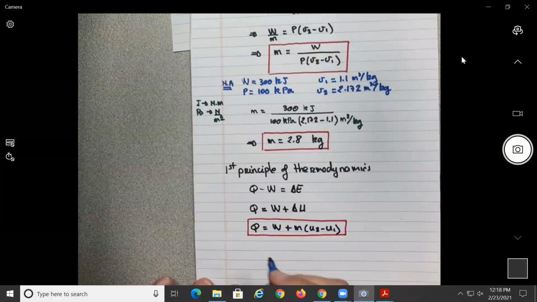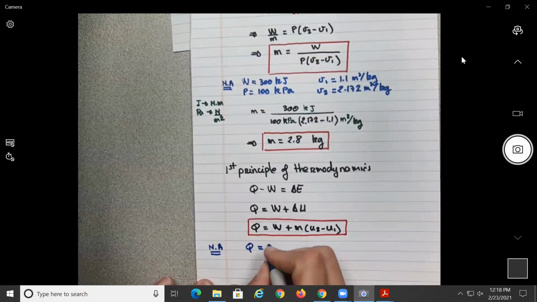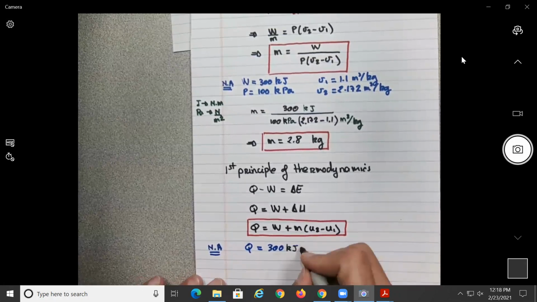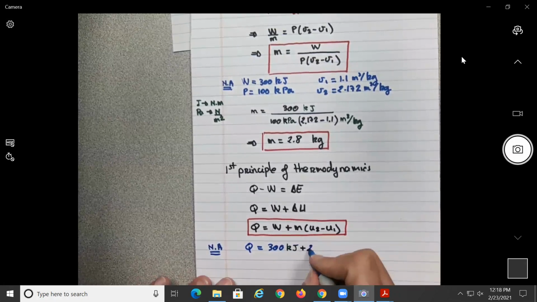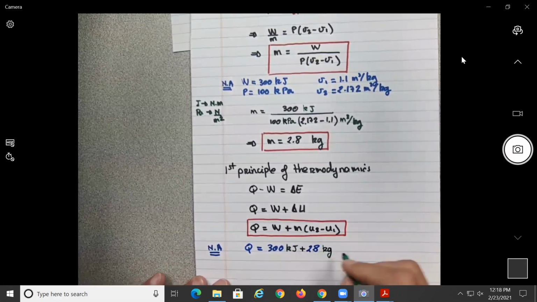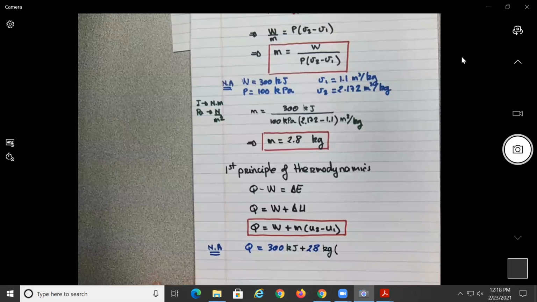Okay, so finally, if we do the numerical application, Q will be equal to 300 kilojoules plus the 2.8 kilograms times the U2.